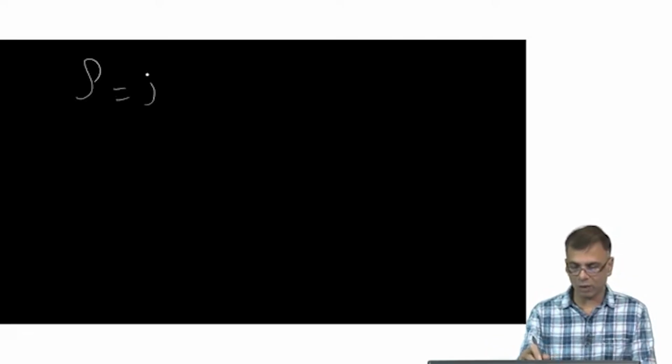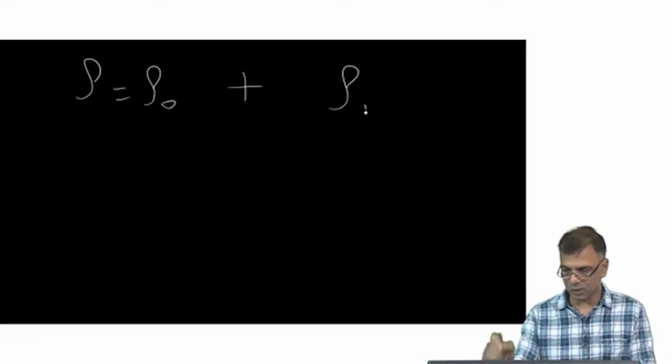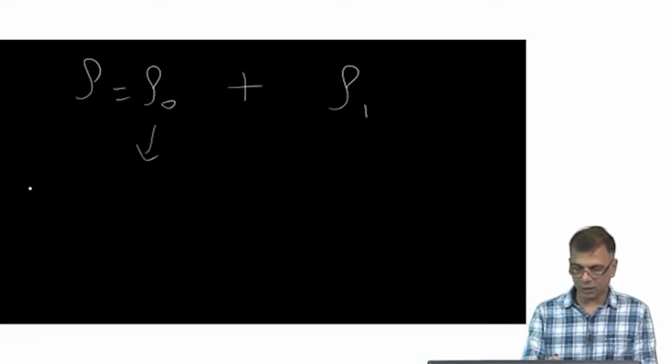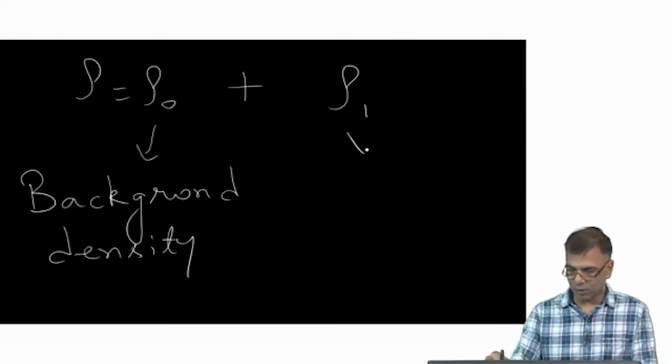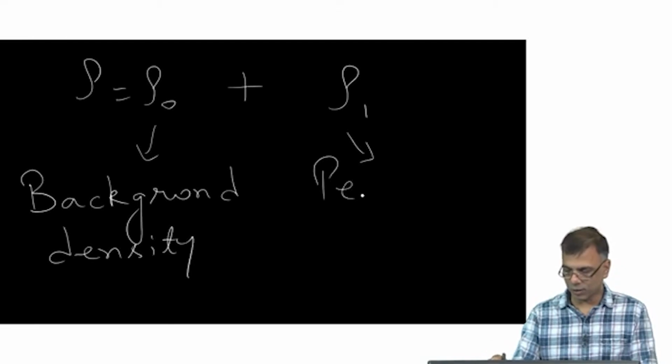But what those total density and total velocity are is something like this. The total density would be the sum of a background density plus a perturbation density.